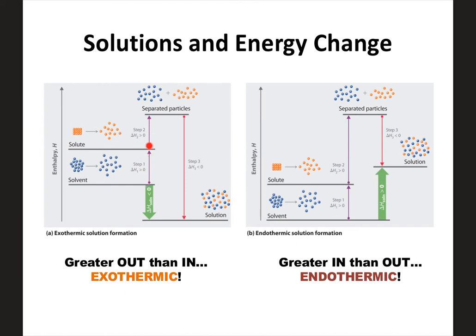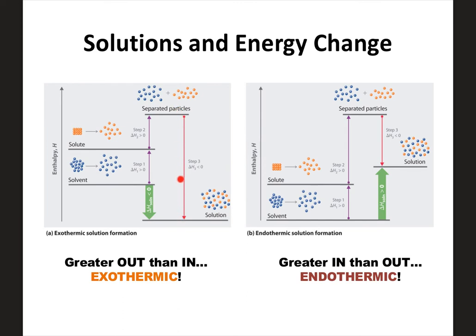So this is the amount of energy that you put in already before it even forms a solution. To expand the solute, to expand the solvent, it always requires energy. So now you have these separated solute and solvent particles. They're going to interact and form new attractions, and you notice energy is given off when that happens.